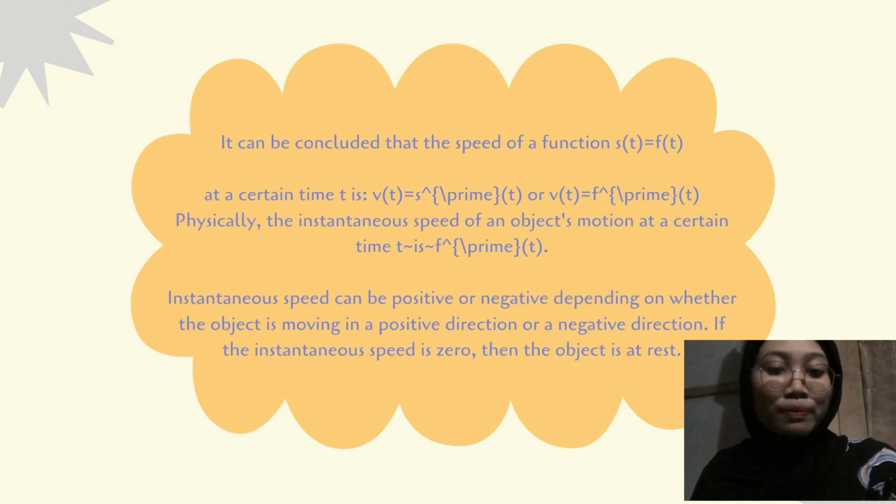Instantaneous speed can be positive or negative depending on whether the object is moving in a positive direction or a negative direction. If the instantaneous speed is 0, then the object is at rest.